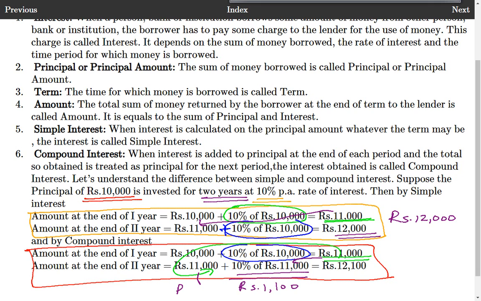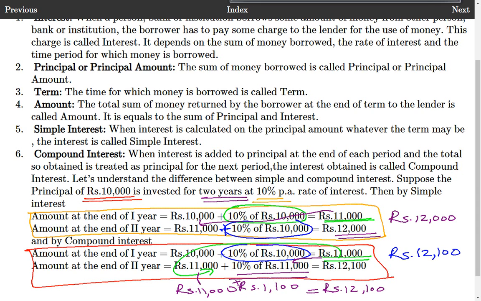So rupees 11,000 plus rupees 1,100 equals rupees 12,100.